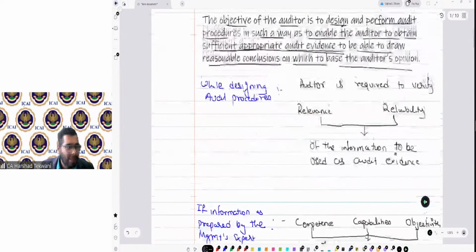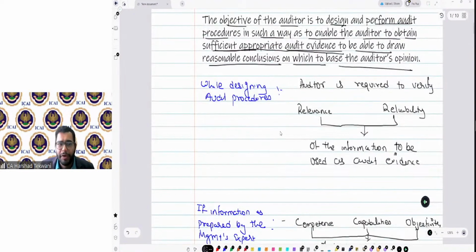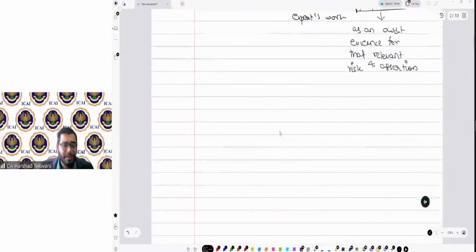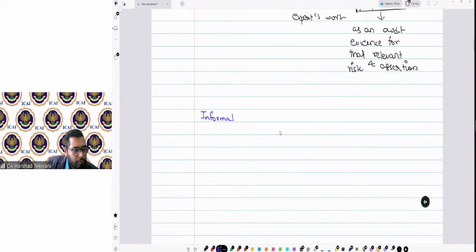Now, when I do all these things, whether it is internally generated evidence, whether it is generated by the management expert, once I get this data, sometimes it is known as IPE, information produced by the entity.